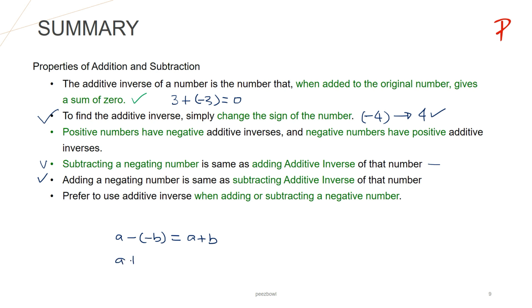A plus minus B is same as A minus B, right? And also we spoke about I prefer to use additive inverse when adding or subtracting a negative number. When I add or subtract a positive number, then I do not use additive inverse.